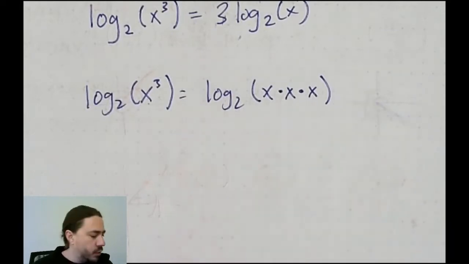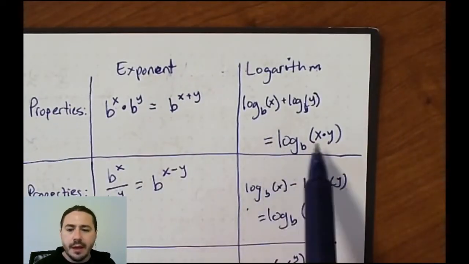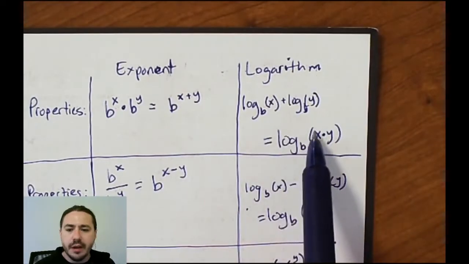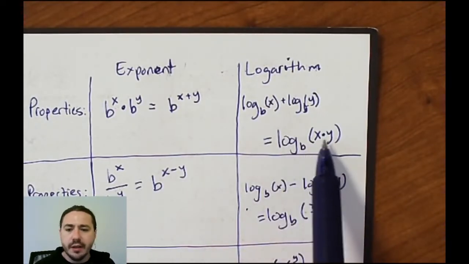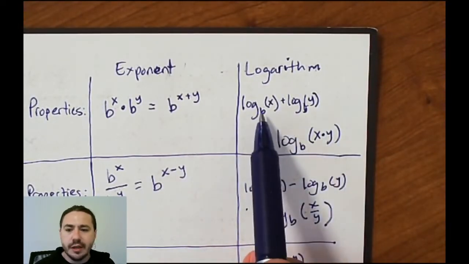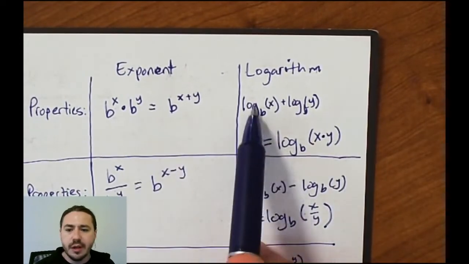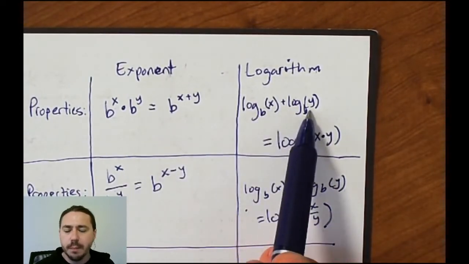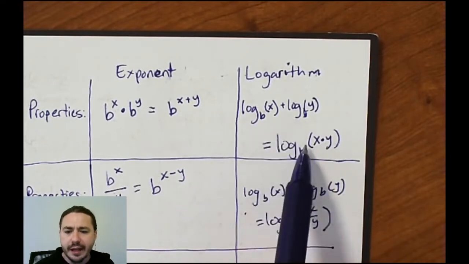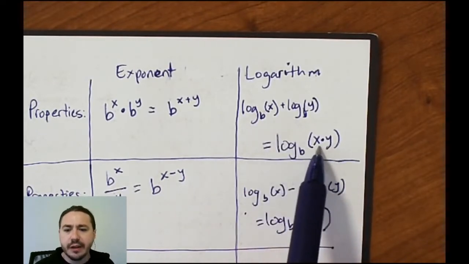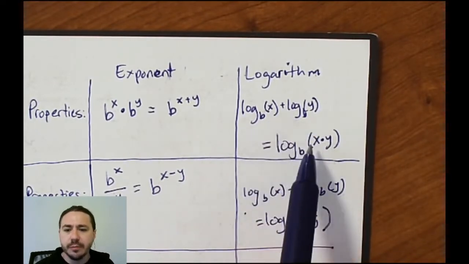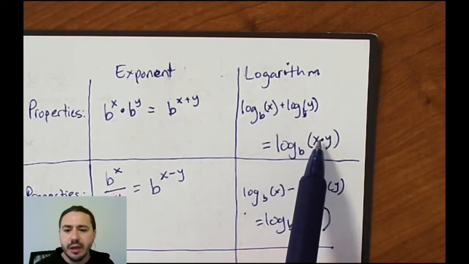Then we can take a quick look back at our product property and say, okay, if I have log base b of x times y, then that should be equivalent to log base b of x plus log base b of y. So I can separate these factors into two different logarithms by changing over to addition.